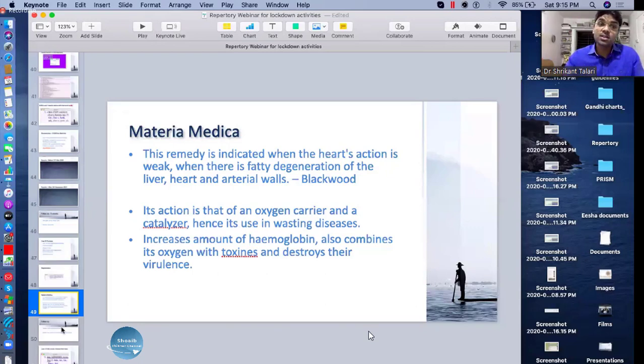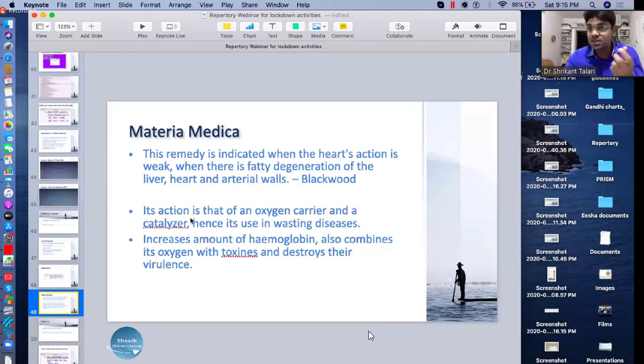This is how we have to repertorize. First, generalize. Choose what is the general symptom. Find it, search it somehow in the repertory. And then you will find the characteristic symptoms also fit in.